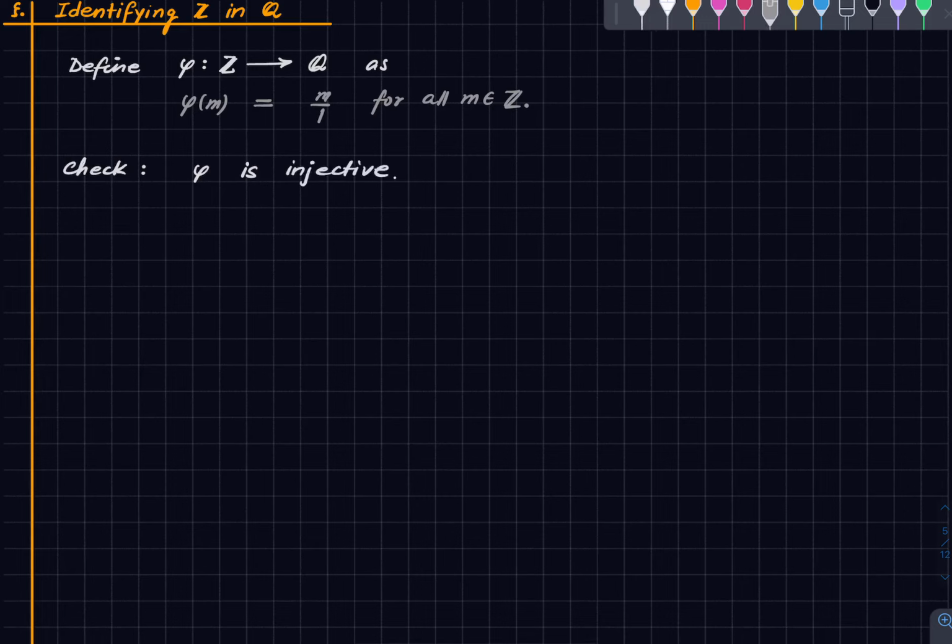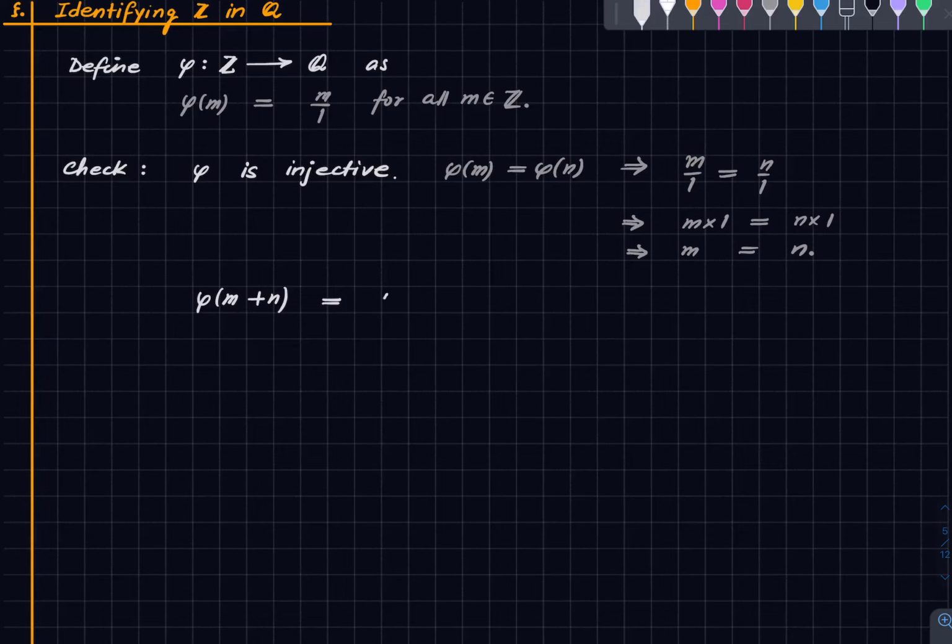So to check injectivity, what do you need to know? Suppose phi m were equal to phi n. We need to show that m is equal to n. But phi m is equal to phi n means m by 1 is equal to n by 1, which implies m times 1 is equal to n times 1, which implies m is equal to n. So that establishes injectivity.